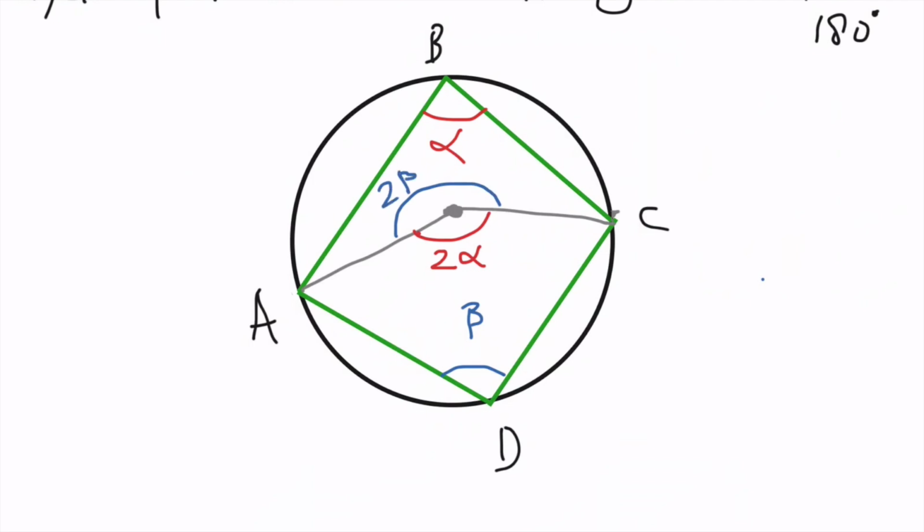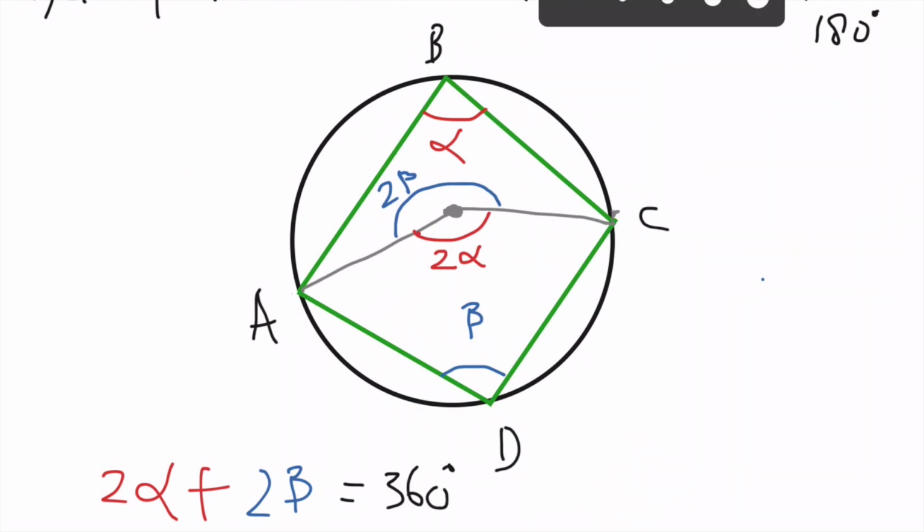Now we know that the total degree around the circle is 360 degrees, correct? So we know that 2 alpha, and if we add 2 beta, this is equal to 360 degrees, right?